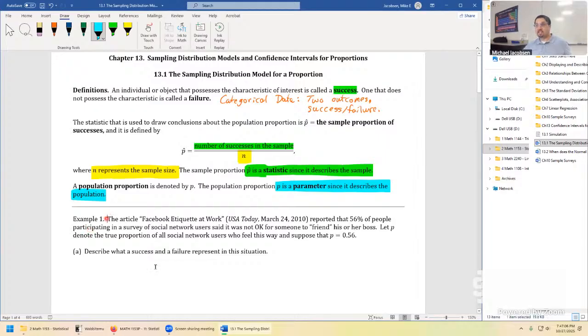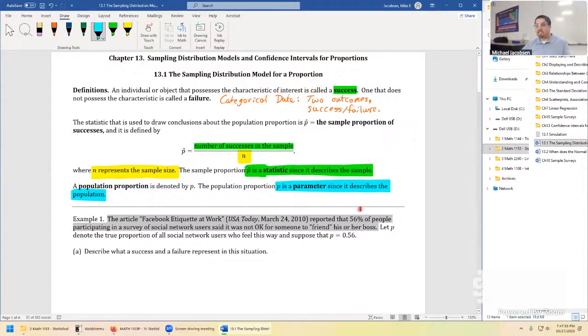So here's our new context, just a short one. It says, from USA Today, once again, 2010, the article Facebook Etiquette at Work reported that 56% of people, and this is 15 years ago, so that's probably a different number, but 56% of people participating in a survey of social network users said it was not okay for someone to friend his or her boss.